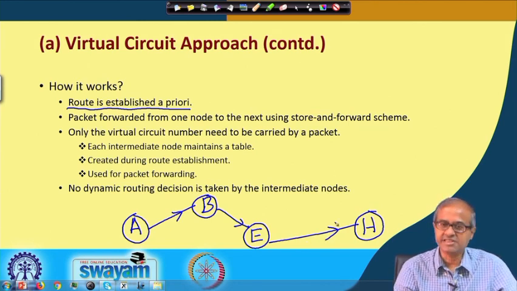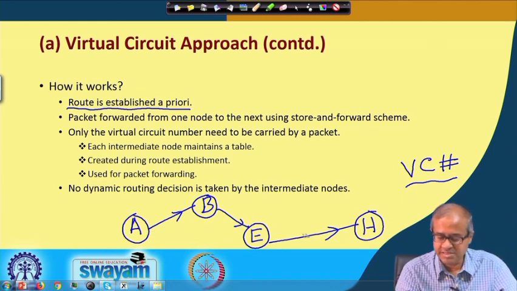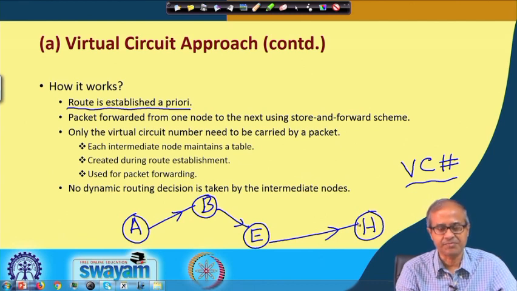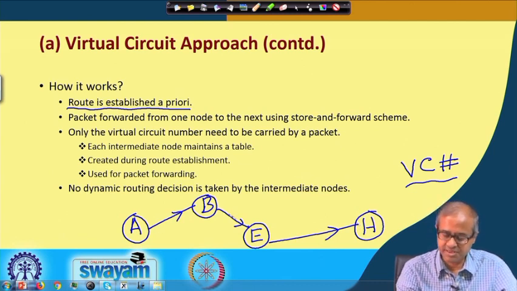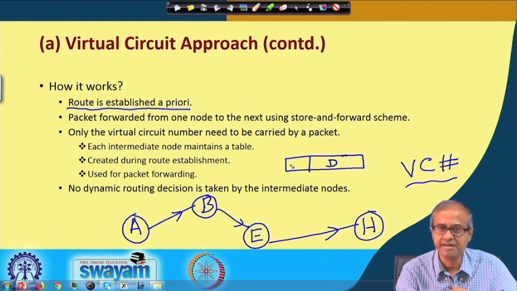So, once this path is established, each virtual circuit will be given a virtual circuit number. Okay. This virtual circuit number will be known to all these intermediate nodes when the connection is being established. So, once the virtual circuit is established, when the packets are being transmitted, you recall I said that the packet will contain the data and some header.